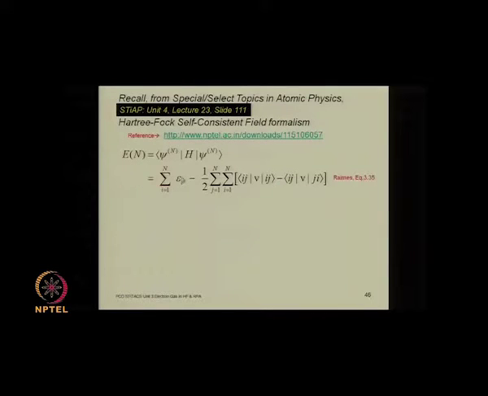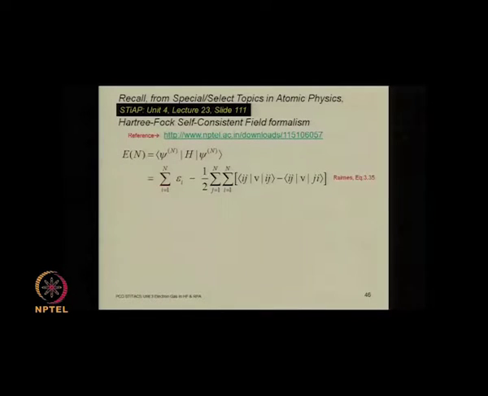Mind you, this epsilon had come as a Lagrange multiplier in the Hartree-Fock theory. This is what looked like the eigenvalue of the Hartree-Fock equation. We know the Hartree-Fock equation is not an eigenvalue equation, it has the resemblance of an eigenvalue equation, but all those details we have discussed in the previous course.